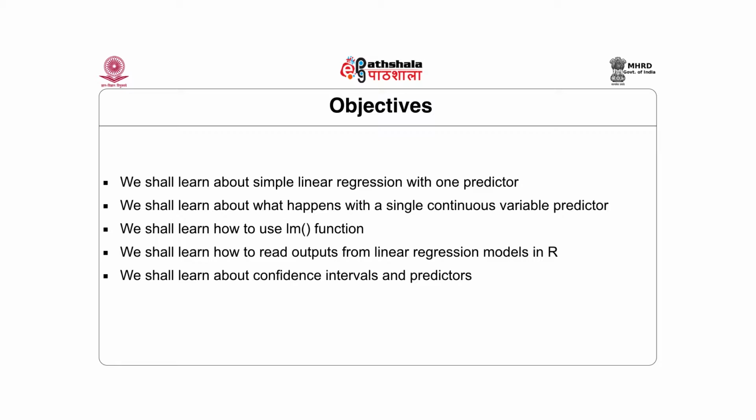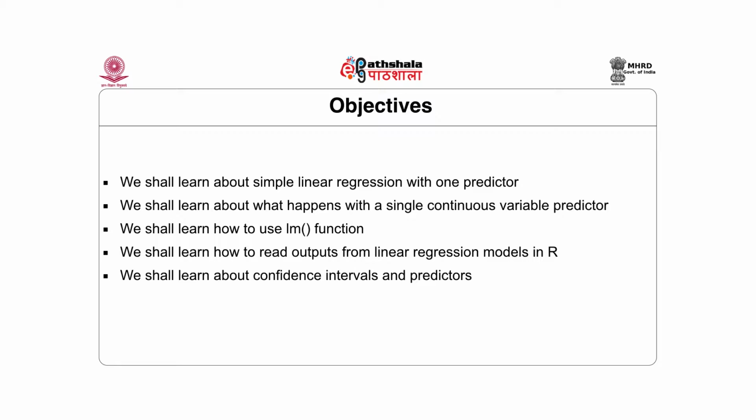In particular, in this module and in the next few modules, we will learn how we can use the lm function. The lm function is present in the stats package, a very standard R package. It's a very simple function to use. And if you are ever stuck in using this function, remember to use the help files to learn more about this.